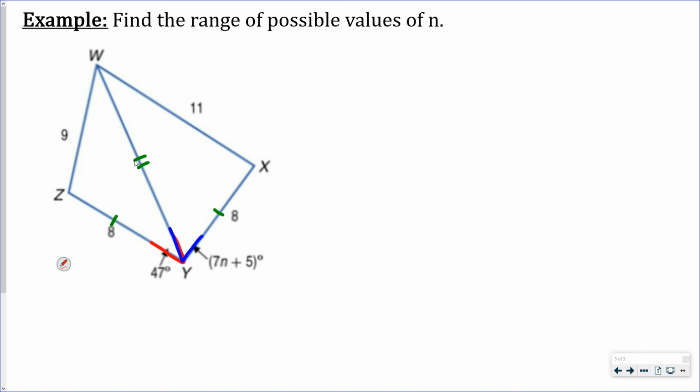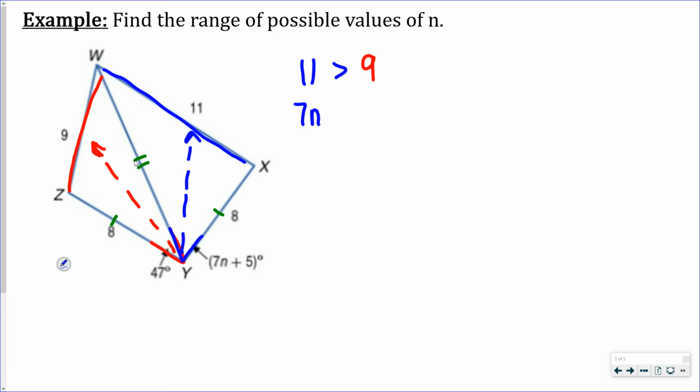All right, let's look at their side measures across from those angles. I have a side measure of 9 and a side measure of 11. What's bigger, 9 or 11? Correct. 11 is greater than 9. So 7n plus 5, since that's my angle across from the side 11, is going to be greater than 47.